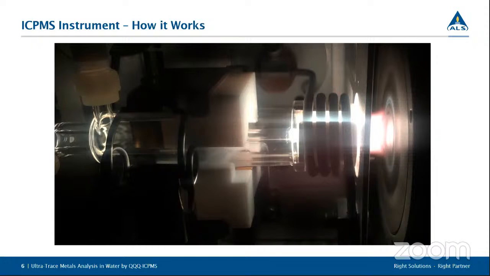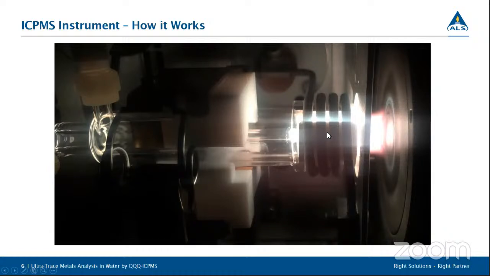If you look in the middle here, this is a glass tube that will inject your aerosol sample into the heart of the ICP flame. So that's the hottest part. That's where it'll be 5,700 degrees.